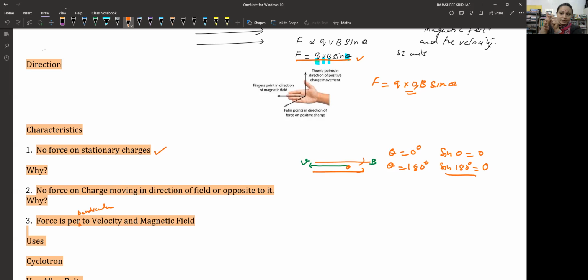The thumb represents the direction of the charge movement, and this shows the magnetic field's direction, and you get the force on the particle perpendicular to both. So this force direction is perpendicular to the magnetic field, making an angle of 90 degrees with it, and also 90 degrees with the direction of the positive charge.